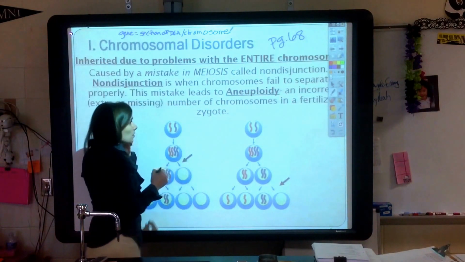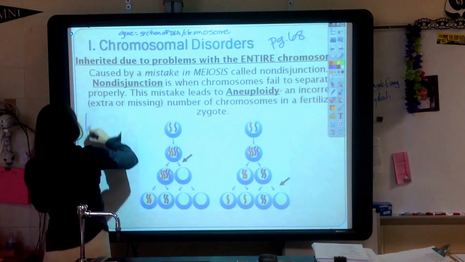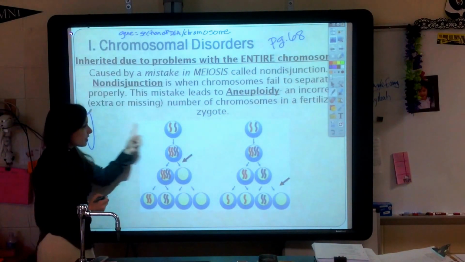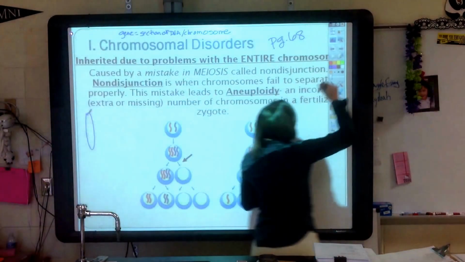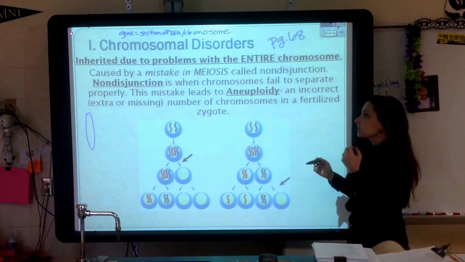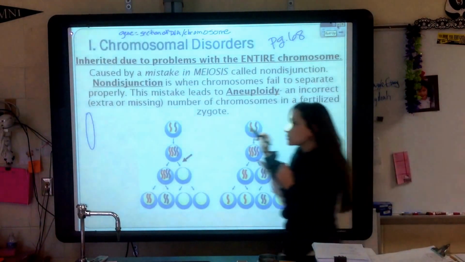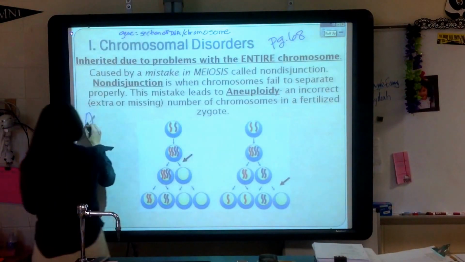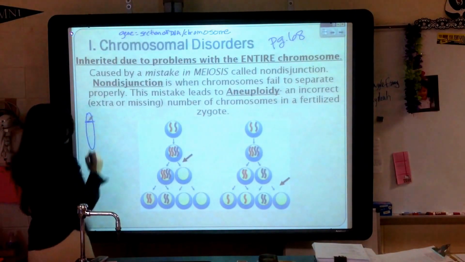And so when we talk about a chromosome, remember we're talking about something that looks like this. It's coiled up DNA. And so a gene disorder is when there's something wrong with just a small piece of the DNA. This is like a gene.